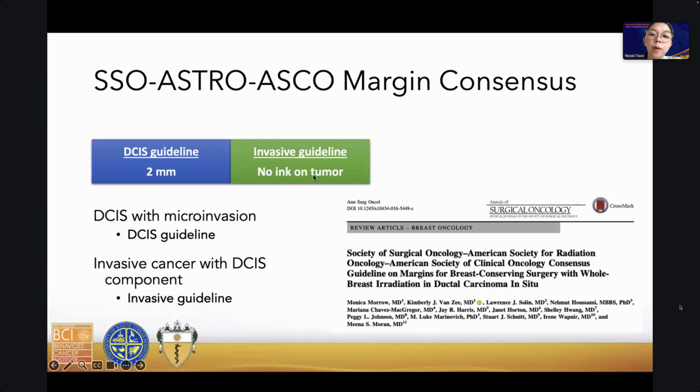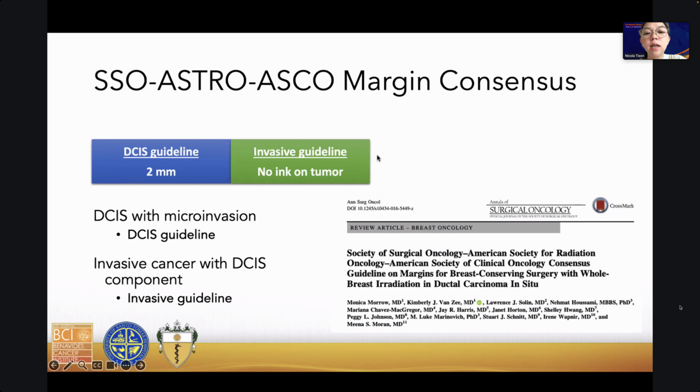So of course, intraoperatively, we grossly try to get 1 cm margin around our tumor. But this is helpful if on final histopath it turns out that, for example, it's invasive cancer and the margins are less than 1 millimeter. As long as there's no ink on tumor, that's already acceptable, as long as your patient is going for RT after.